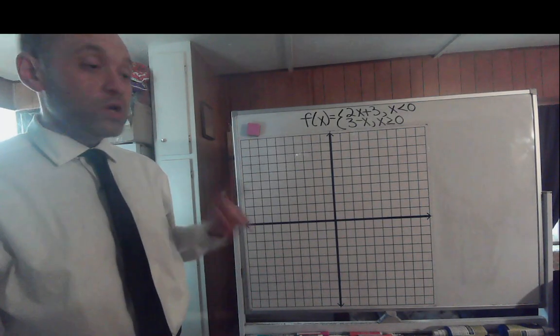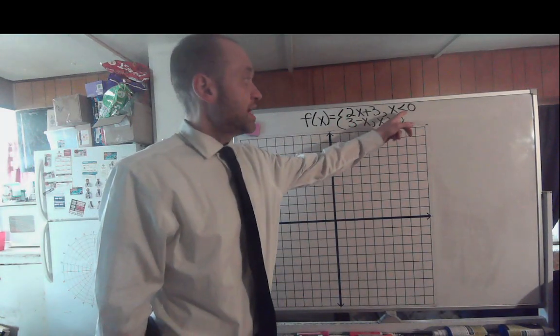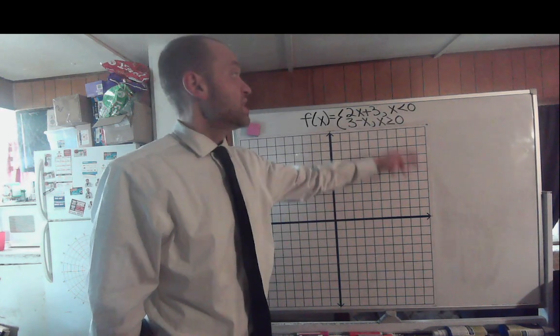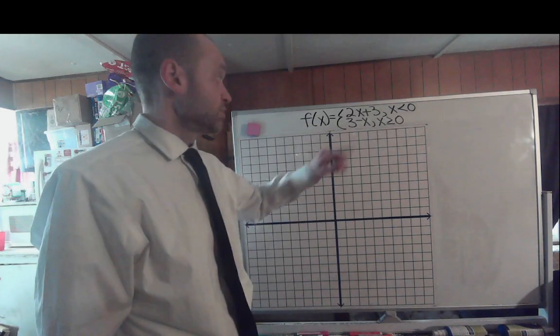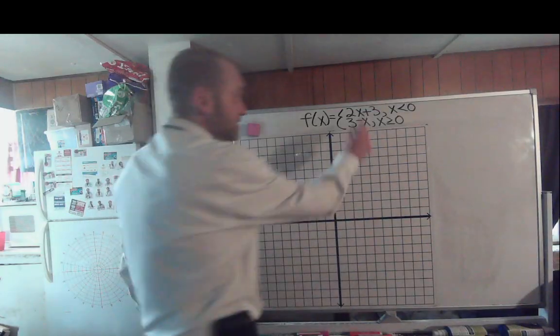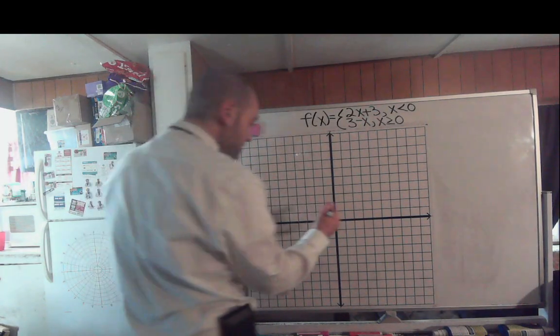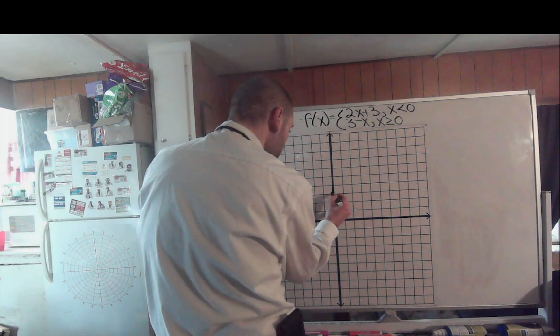So what you want to do, granted the top one is x is less than 0. It's not defined for x equals 0, but it's still important to put x equals 0 into the 2x plus 3. If you put in the 0 for the top one, you'll get 3 where it's undefined. You're going to have a hole there.